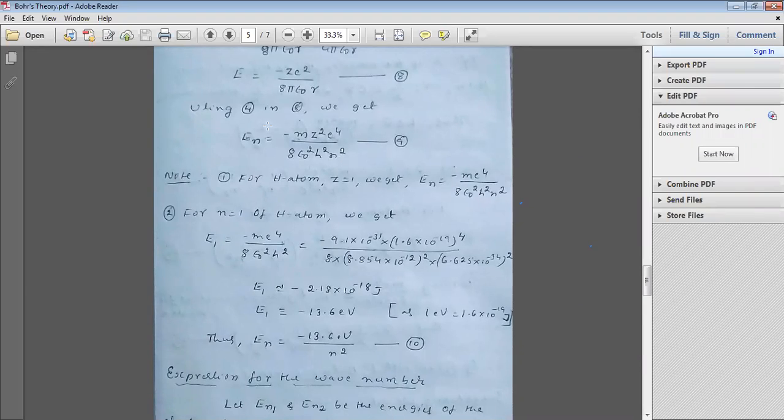If I use the same expression for n2, then I am going to get En2 is equal to minus m z square e power 4 divided by 8 epsilon naught square h square divided by n2 square. So I am using expression 9 for both n1 and n2, so that I get En2 and En1. And I am substituting in equation 11.